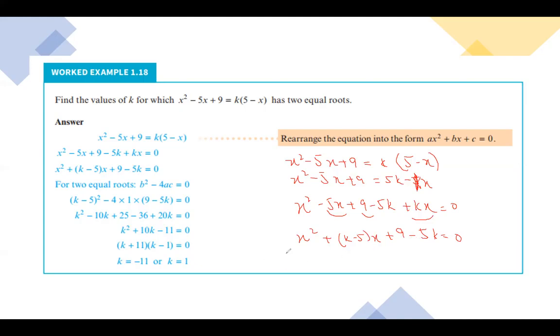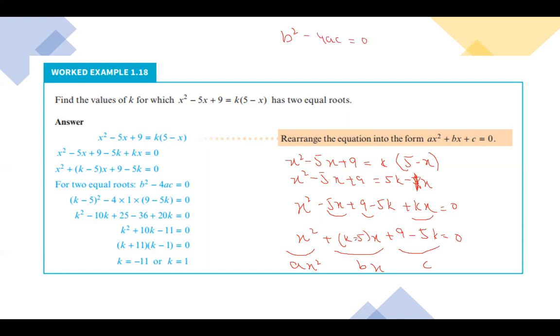Now this is the value of a. Okay, a is 1, this is the value of b, and this is the value of c. So the discriminant b square minus 4ac equals 0.